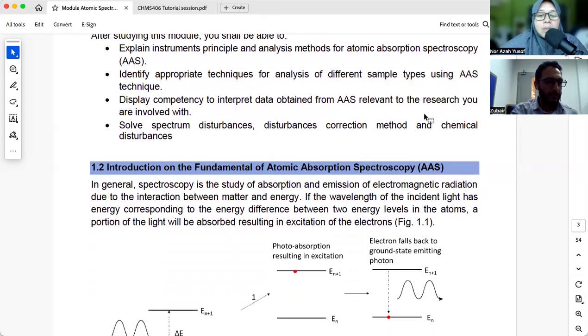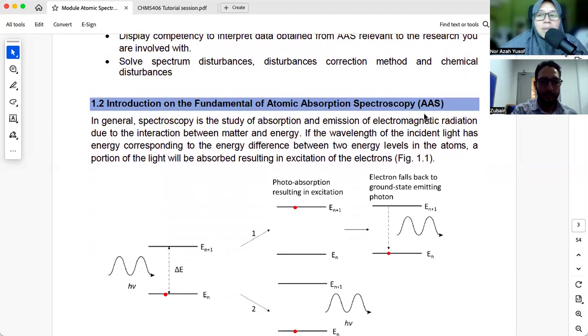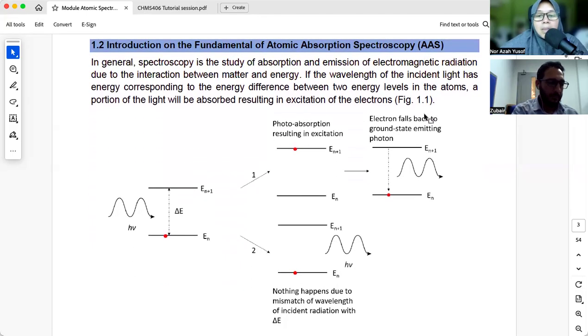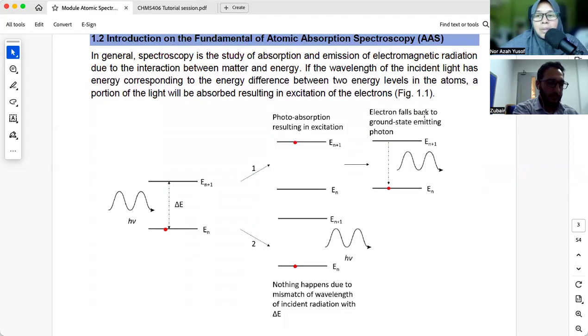Okay, so just a quick recap. This is what we have discussed last week. The most important thing is for you to understand the principle of energy being absorbed by the electron in the metal atom. So the absorption of the energy, which is in the form of a photon, causes an excitation.